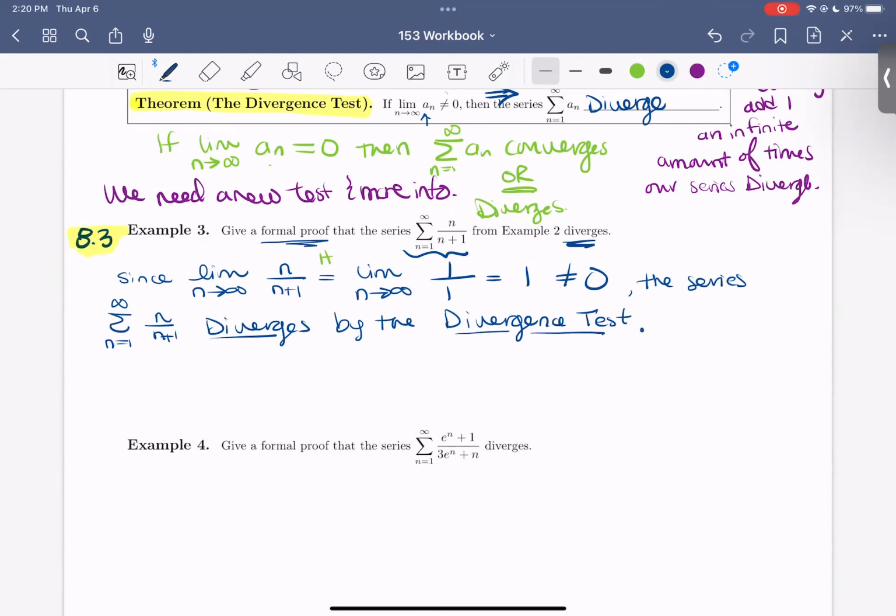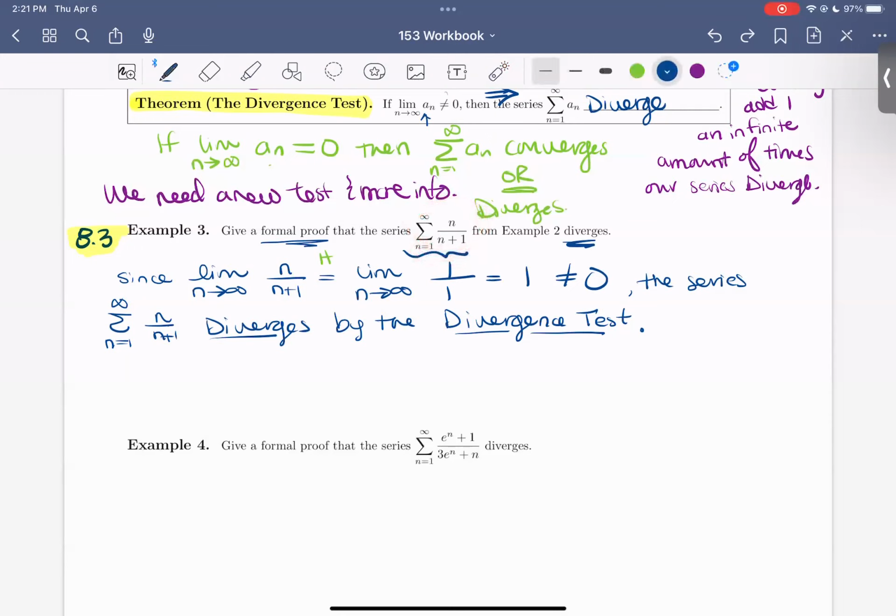Done. Some people like to conclude their proofs with a little square like this or a little box like that, but we can just leave it here. Okay, so that is a formal proof that this series diverges.